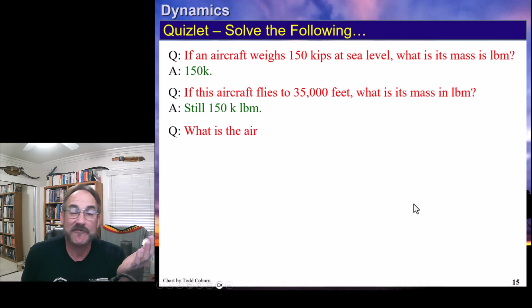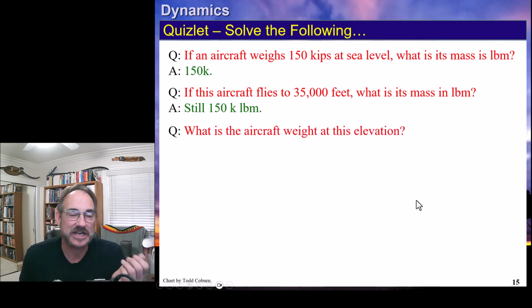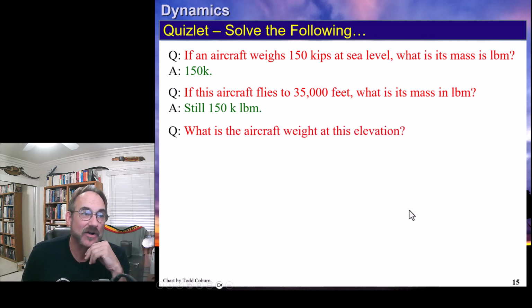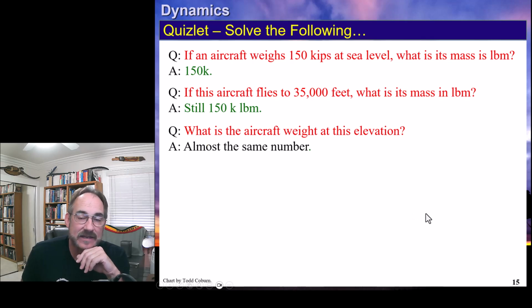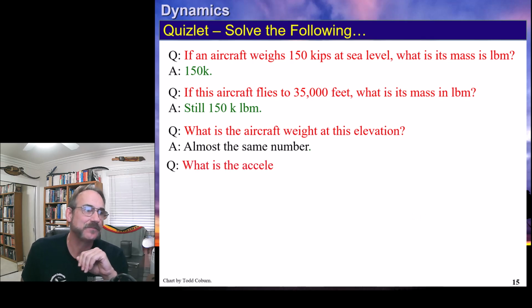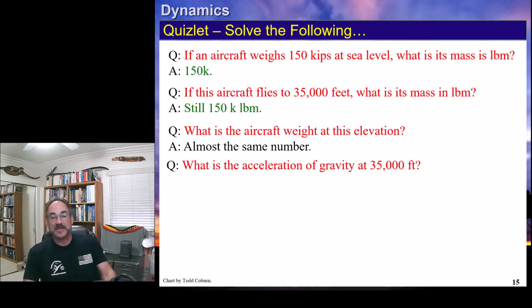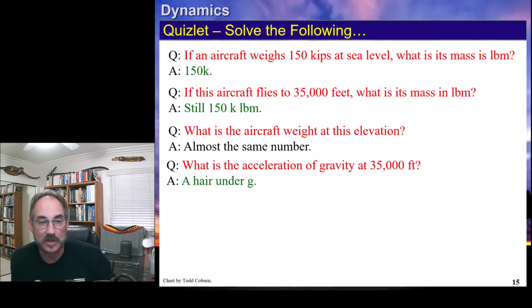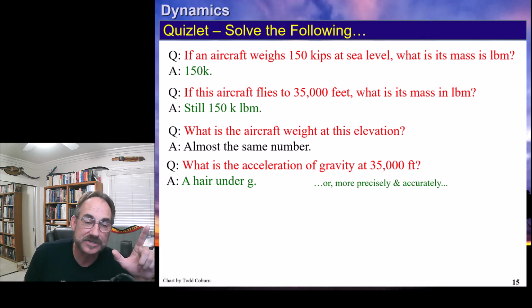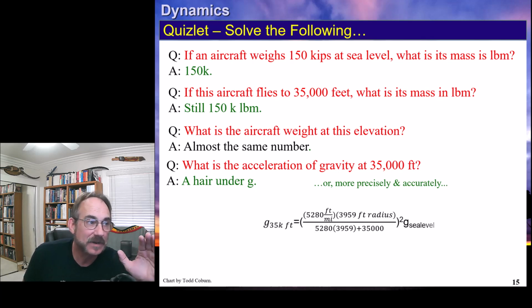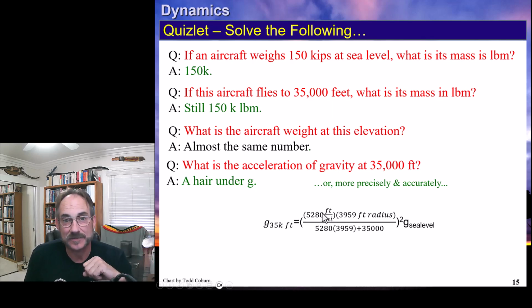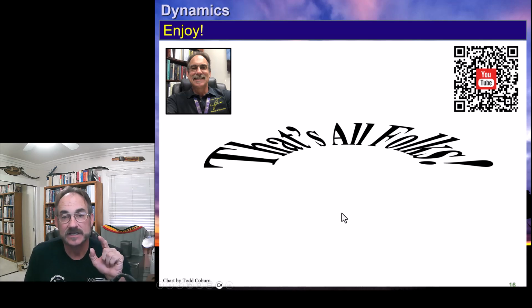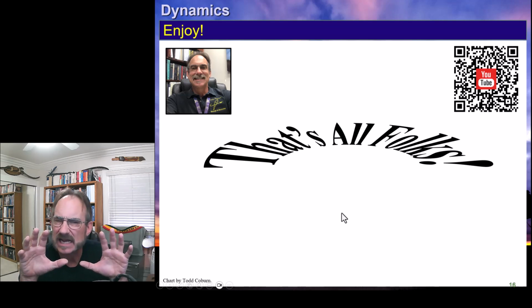In fact, the force remains nearly unchanged, because gravity hardly changes at that elevation. What's the acceleration of gravity at 35,000 feet? Well, you can plug your values into the equation we provided earlier, but it's going to be a hair under g. If you want to know how much, you can plug into this equation, and that will give it to you. Make sense?